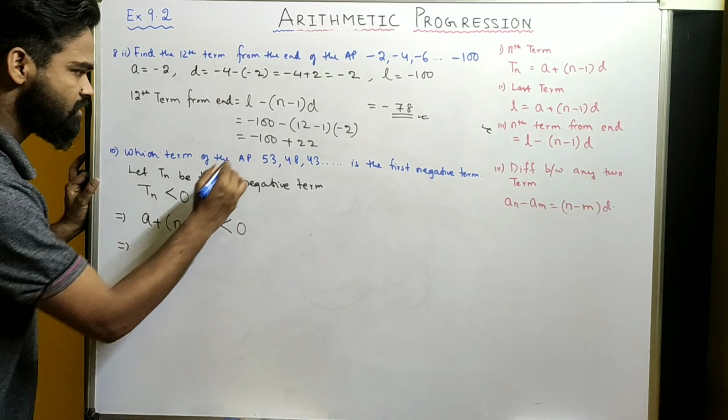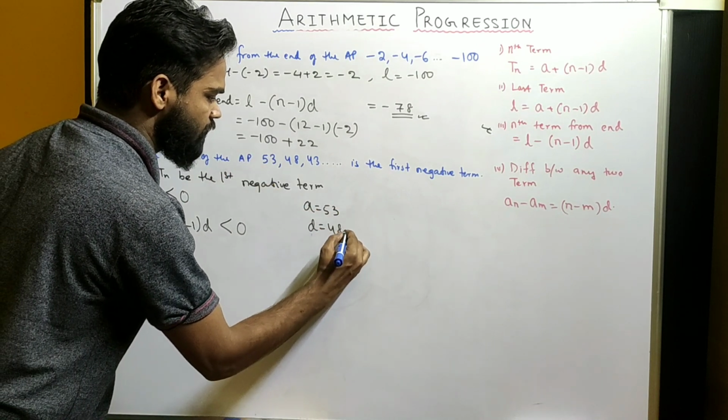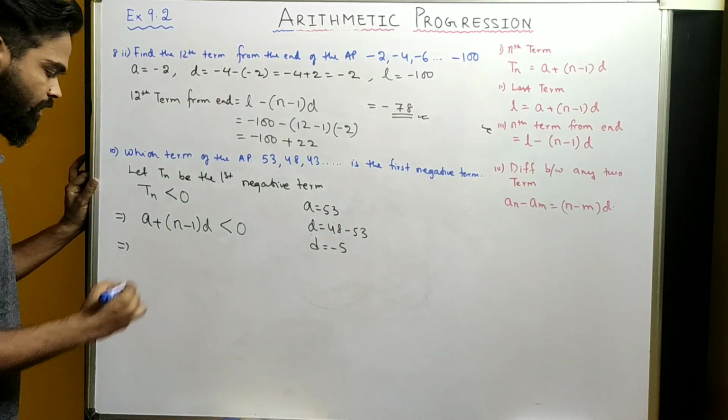What is A in this case? A in this case is 53 and D is 48 minus 53. So your D is minus 5. Now solve it.